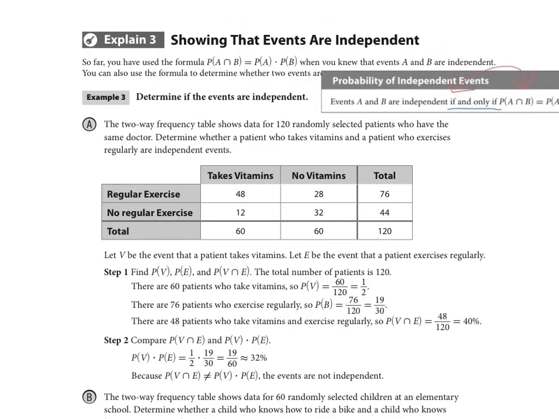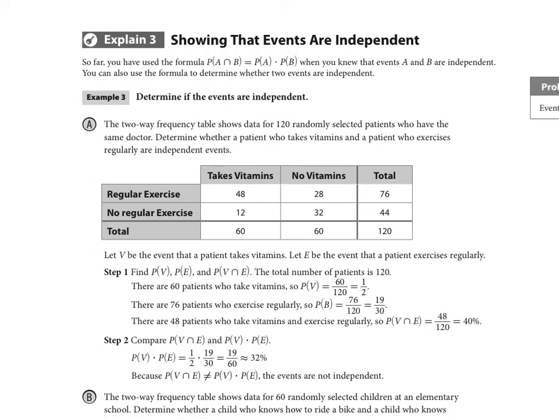So let's move this out of the way. Explain 3 talks about determining, from our two-way frequency table, how to determine that two events are independent. Part A is saying the two events we want to look at are a patient who takes vitamins and a patient who exercises regularly.